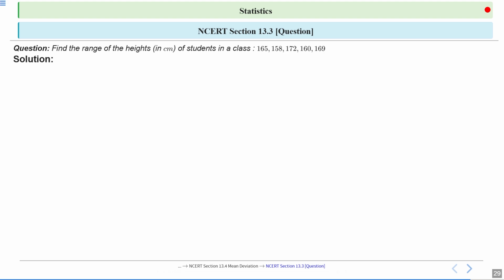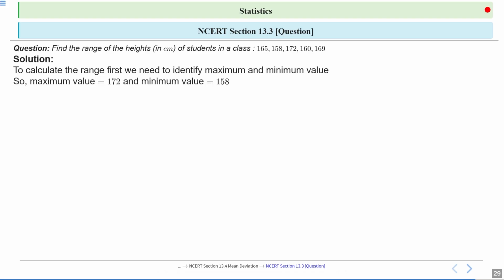So let's solve this question step by step. To calculate the range, first we need to identify the maximum and minimum values in the dataset. In the dataset, the maximum value is 172 and the minimum value is 158.